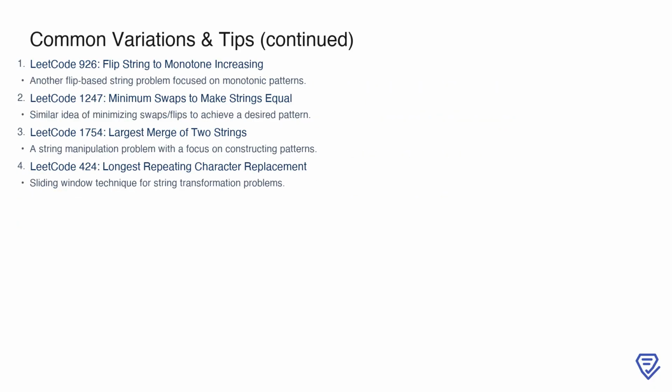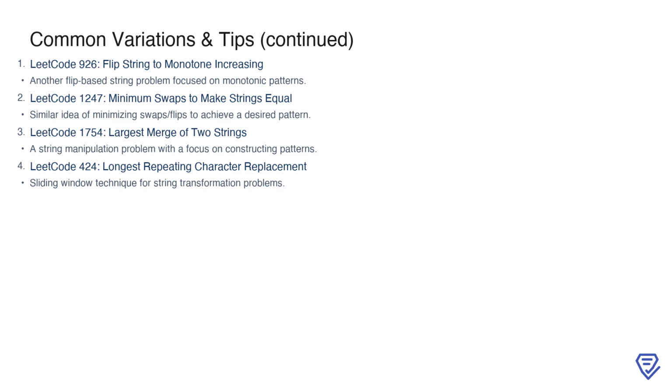If you're looking to deepen your understanding, consider exploring related problems on LeetCode. Problem 926, Flip String to Monotone Increasing, involves a similar concept of flipping bits to achieve a specific pattern, but focuses on monotonic sequences. Problem 1247, Minimum Swaps to Make Strings Equal, also deals with minimizing transformations to meet a target pattern, though it uses swaps instead of flips.